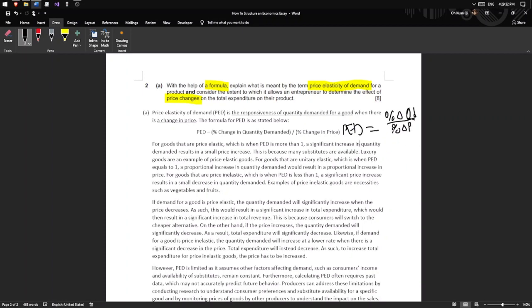So you can see that there is a numerator and denominator, or top and bottom instead of side by side. This would be how you write it in an actual essay.